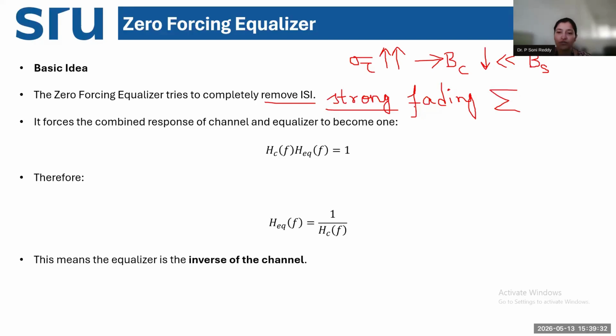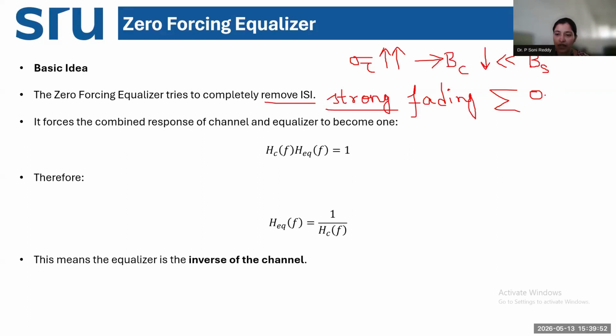So what is destructive interference? It means that the phase of the received components, when we do the summation, is exactly 180 degrees, or nearly equal to 180 degrees, or pi.